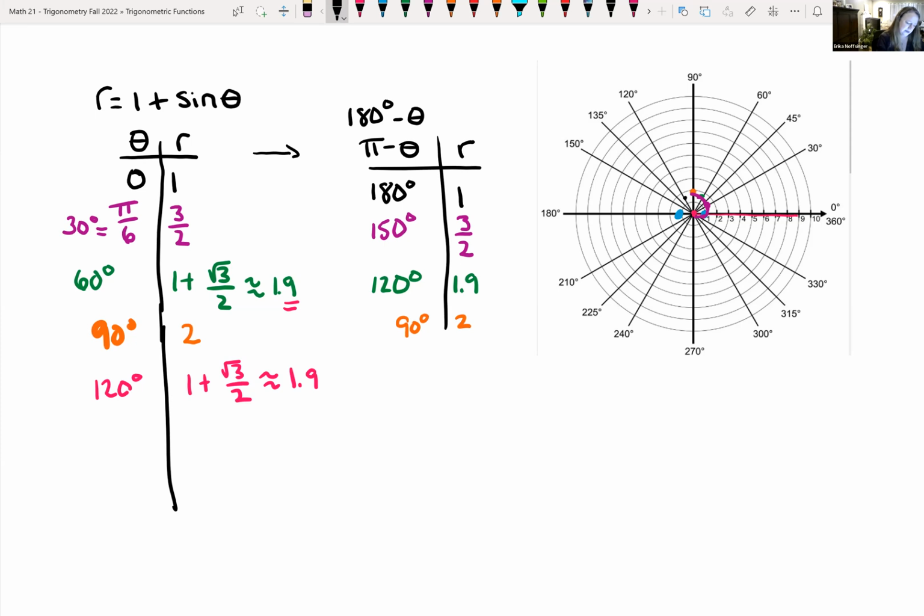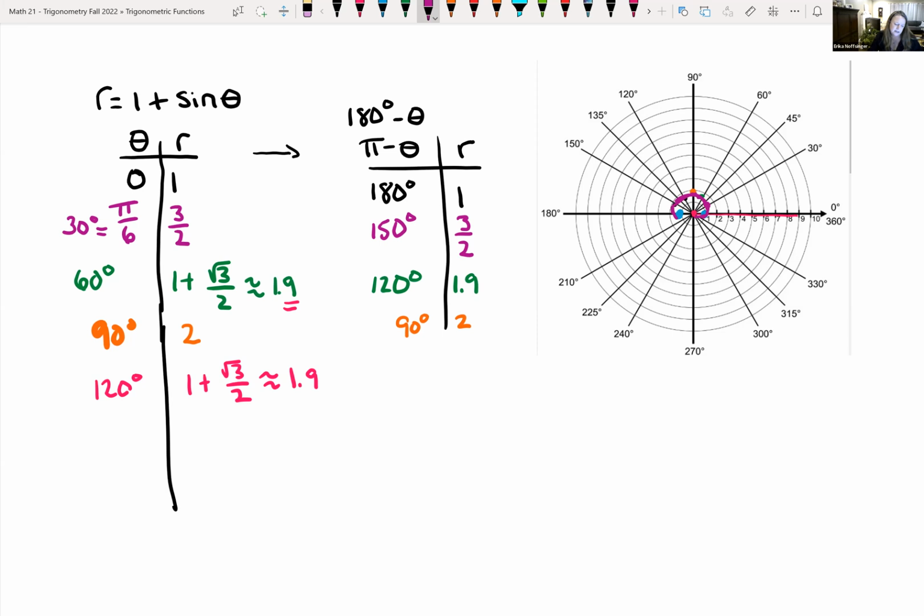So that should have been here. I knew something was off on my graph. 120 is 1.9. So that's going to be right here. Okay, and so I don't think I have everything in there yet.